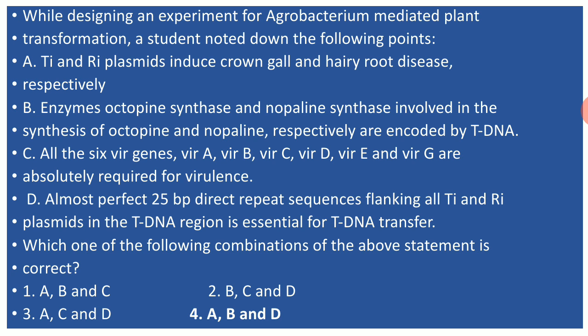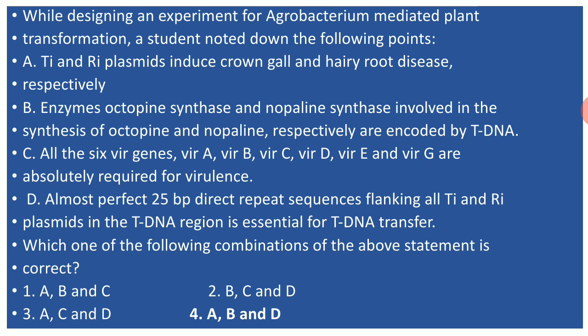While designing an experiment for Agrobacterium mediated plant transformation, a student noted down the following points. Ti and Ri plasmids induce crown gall and hairy root disease respectively, correct. Enzymes octopine synthase and nopaline synthase are involved in the synthesis of octopine and nopaline respectively, because nopaline is for the hairy root disease and octopine for crown gall disease. All the six vir genes, virA, virB, virC, virD, virE and virG, are absolutely required for virulence.